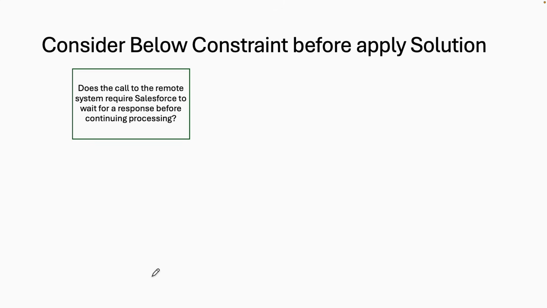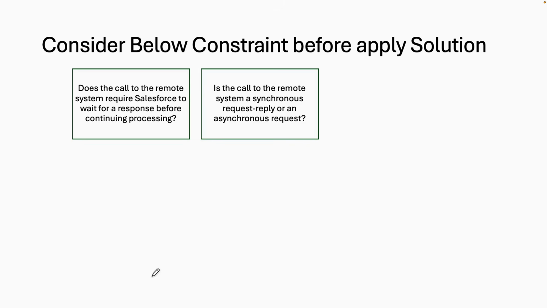Is it mandatory that Salesforce waits before it processes? Can it be achieved with the help of an asynchronous transaction? Typically, we always prioritize asynchronous transactions over synchronous ones in integration practice. The reason is that we get better governor limits there whenever we work on an integration pattern.